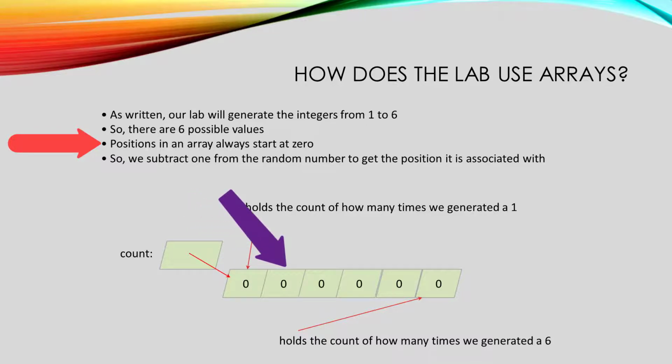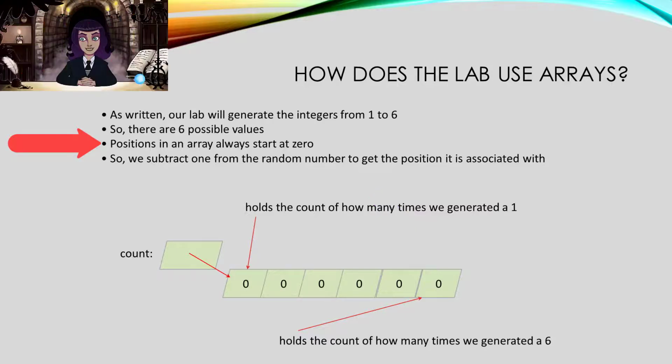The next position will hold the count of how many times we generated a 2, and so on, up to position 5, which will hold the number of times we rolled a 6. So, position i holds the count of how many times we rolled i plus 1, because 1 is our minimum value we can roll.